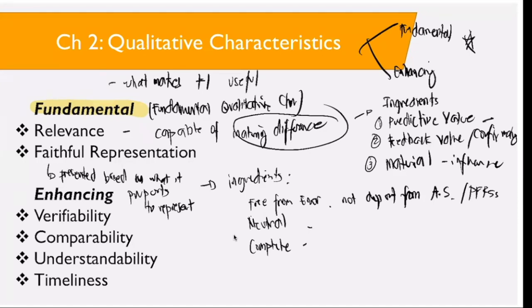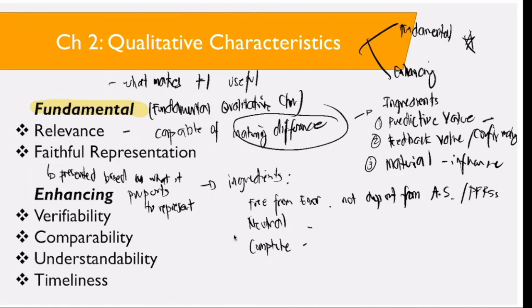Next, we have your neutrality. When we say neutrality, whatever is the effect of that particular transaction or event, whether it is positive or negative, whether it will increase the investments or decrease the investments in the company, whatever is the effect, you must always present it. You must be neutral in the presentation of your transactions or events, whether it has a positive or negative effect.